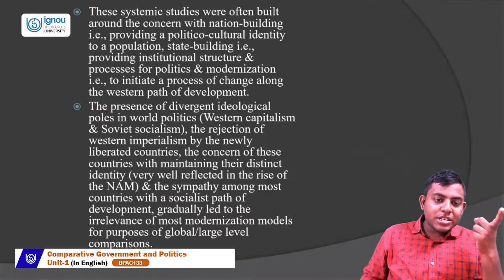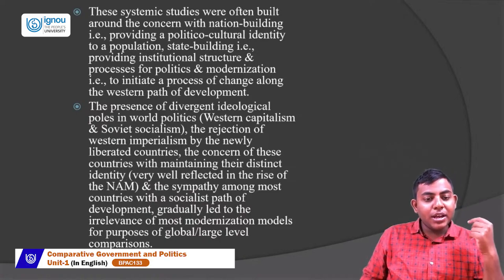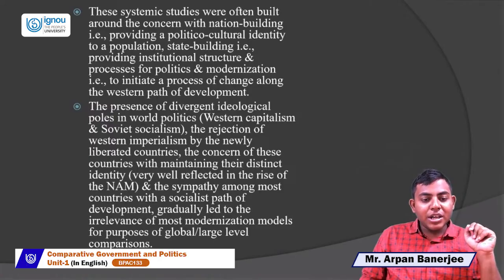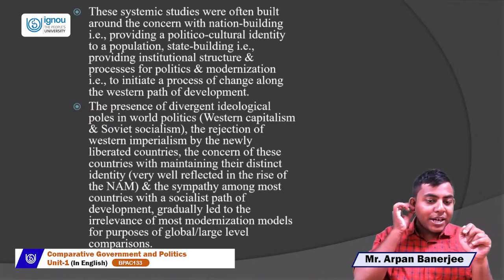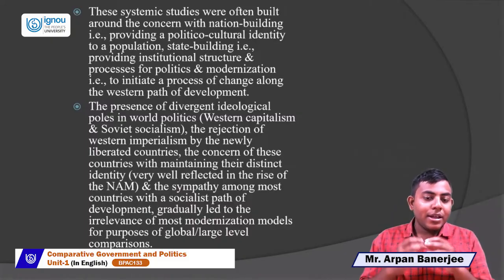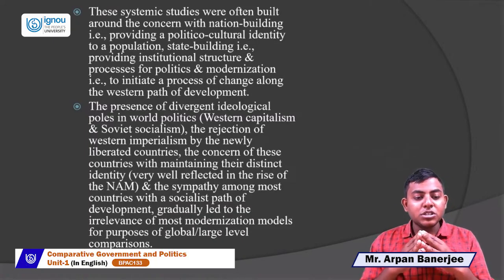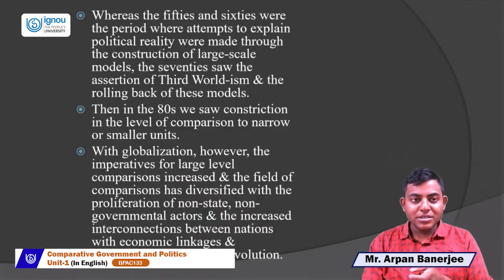the rejection of western imperialism by the newly liberated countries of Asia and Africa, the concern of these countries with maintaining their distinct identity, which was very well reflected in the rise of the non-aligned movement, and the sympathy among most countries with the socialist path of development, gradually led to the irrelevance of most modernization models for purposes of global or large level comparisons.